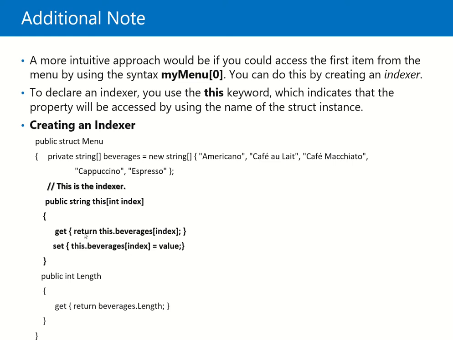So return this dot beverages in the bracket index. Index means whatever you instantiate later from the indexer.